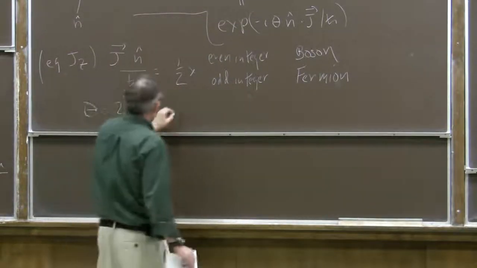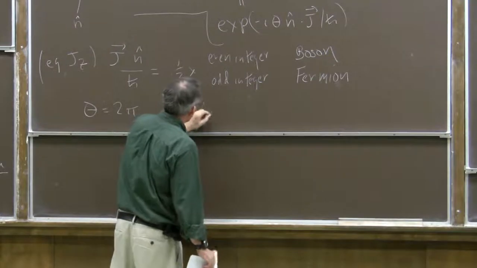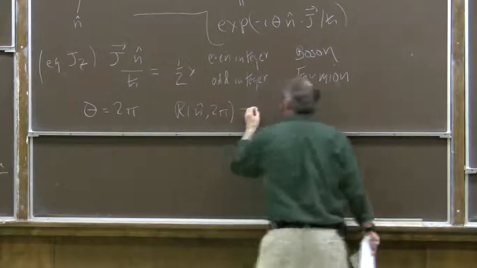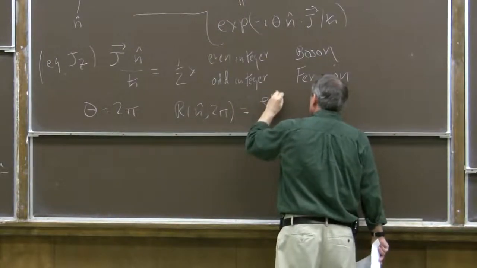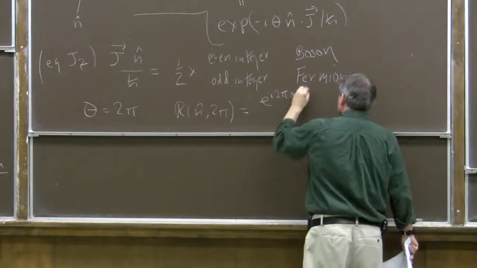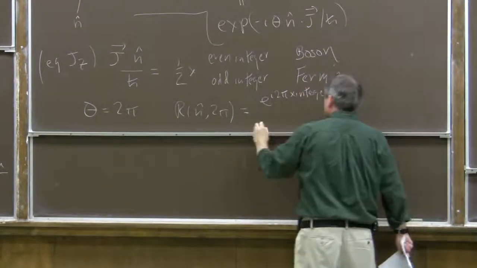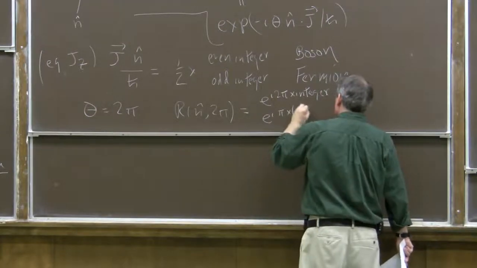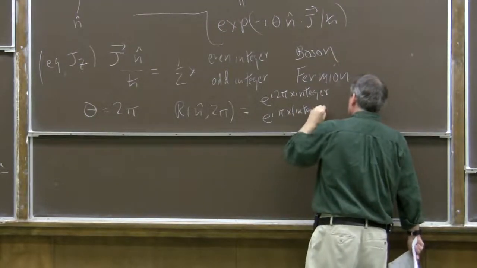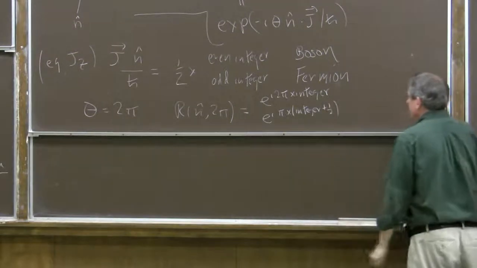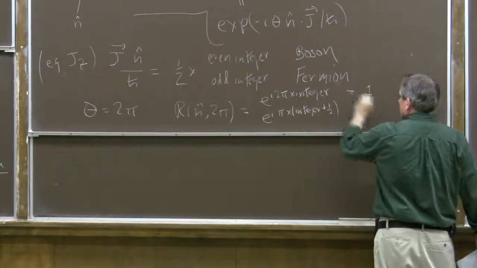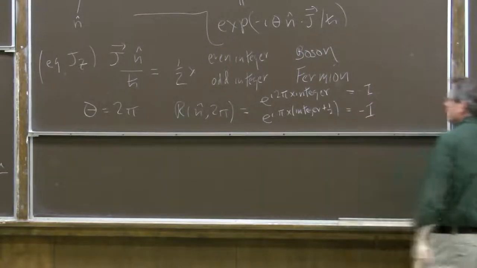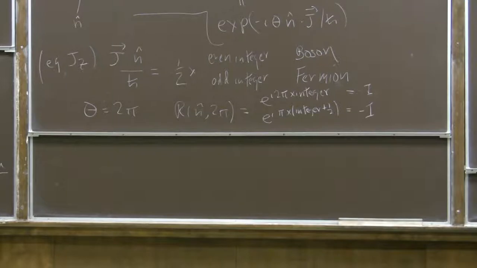So that means that R, about any axis when we rotate by 2 pi, will be e to the i 2 pi times integer for a boson, or e to the i pi times integer plus 1/2 for a fermion. So this is 1, or in other words, the identity operator, and this is minus 1, e to the i pi, which is minus 1.